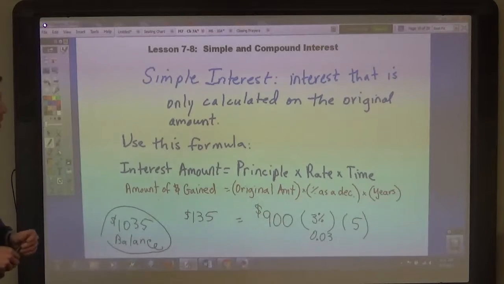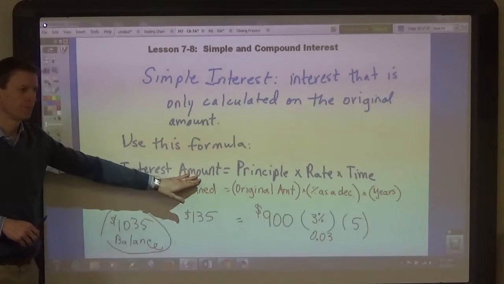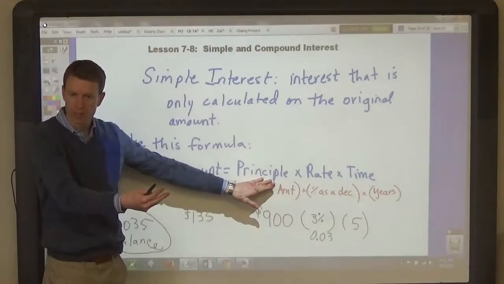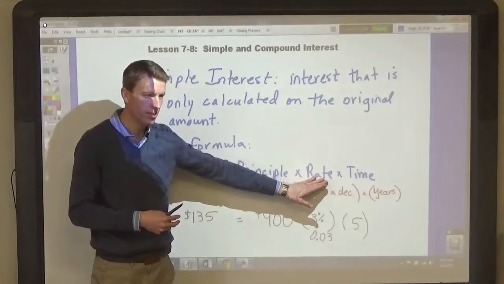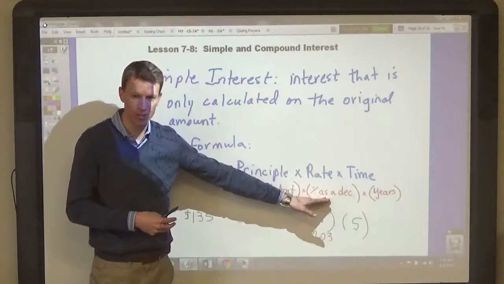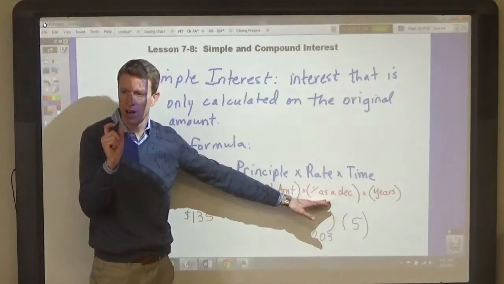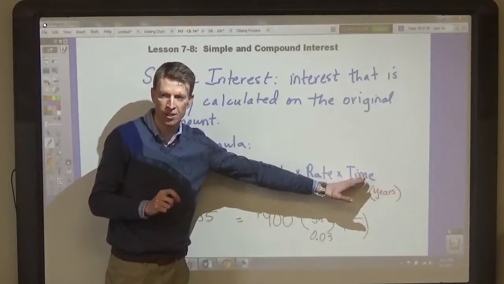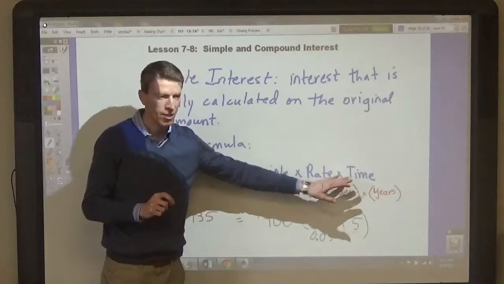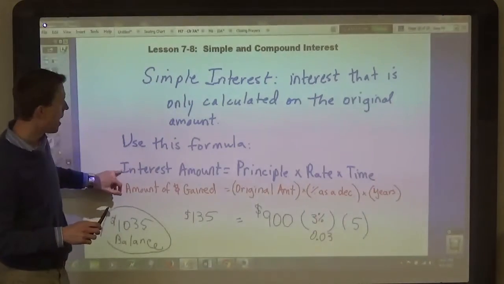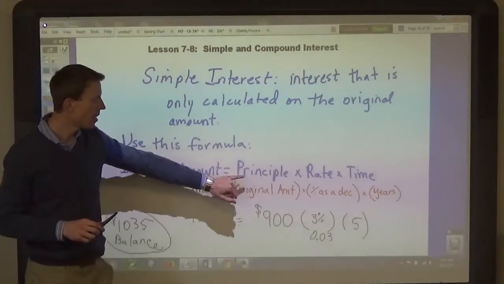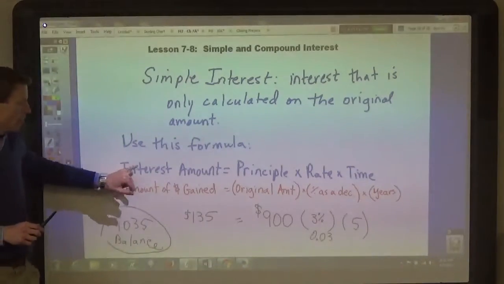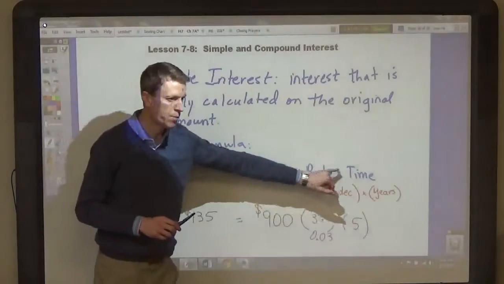To find the interest amount, you multiply the principal, the amount that you put in, times the rate as a decimal. You have to convert the percentage to a decimal. And then times the time in years. For simple interest, it's I equals P times R times T. The interest amount equals the principal times the rate times the time.